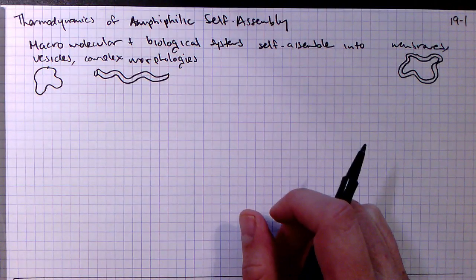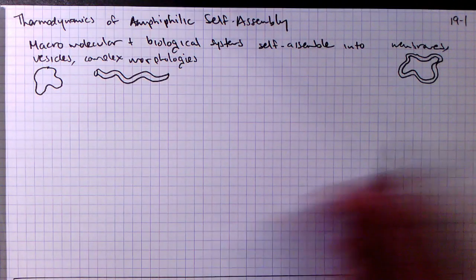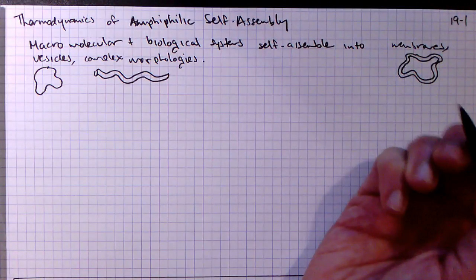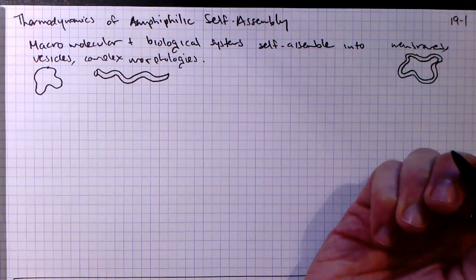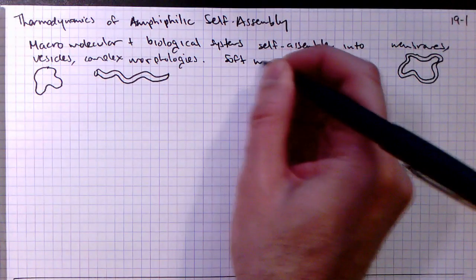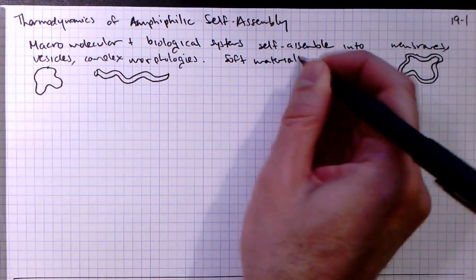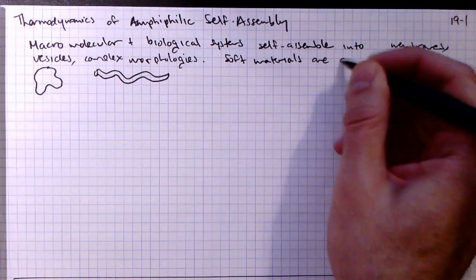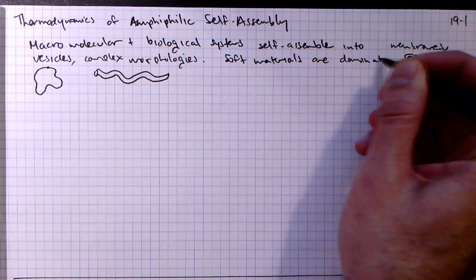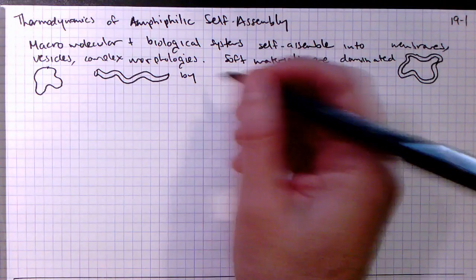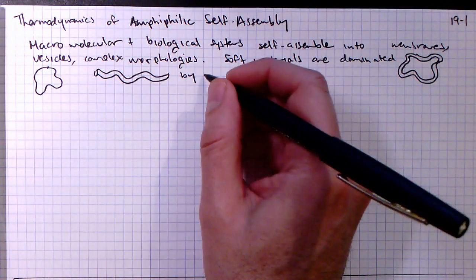And so we want to discuss these kinds of soft materials. So what distinguishes these soft materials from things like metals or oxide glasses? Soft materials are dominated in their structure by the kinds of bonding that are applicable.